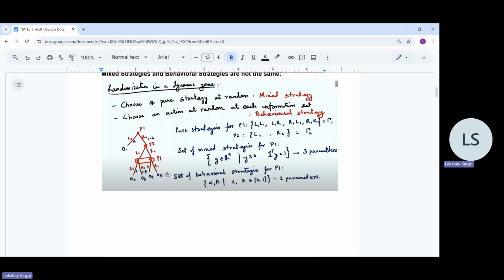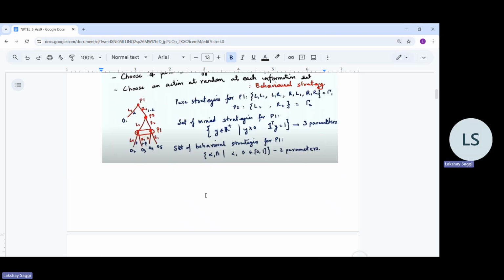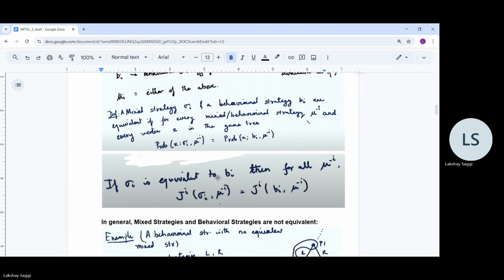The expected payoff is the probability of reaching some node times the payoff of that node, summed over all the payoff nodes. That probability also remains the same. And that's why the payoff under playing sigma and the payoff under playing bi will be equal if sigma is equivalent to bi.